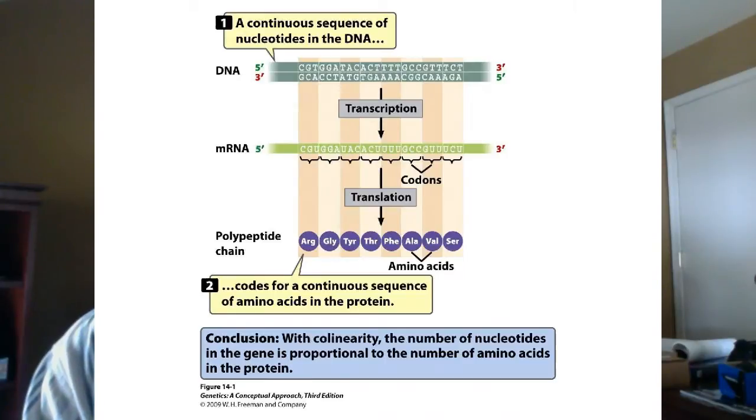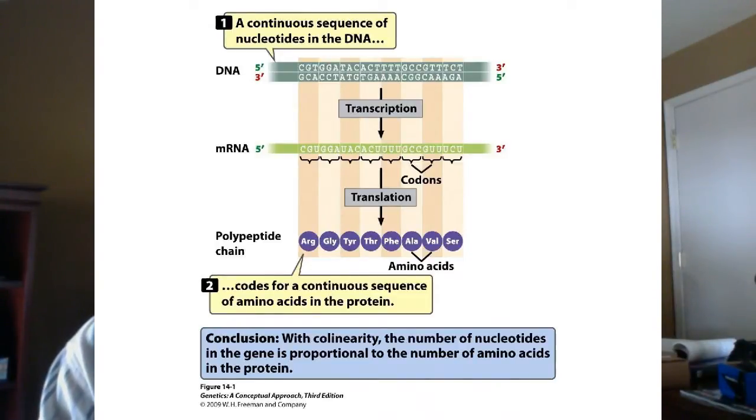And you can tell because the messenger RNA sequence is basically the same as the upper sequence of DNA, the coding strand, right? You can tell that because the nucleotide sequence is identical with the exception of uracil replacing thymidine. So very easy to see.